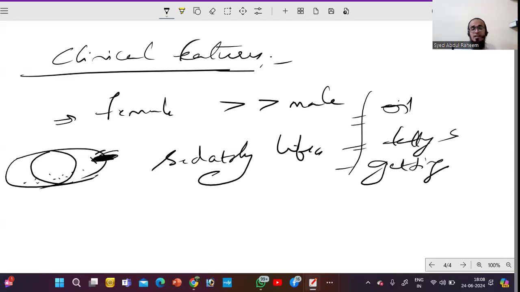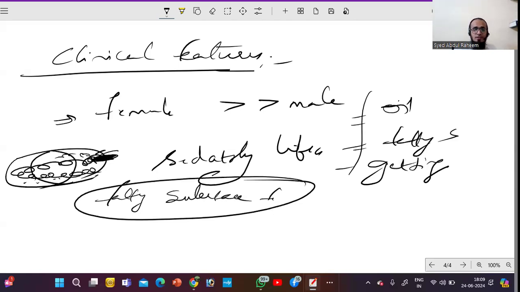Okay, and secondarily, if the bile juice is not secreted properly, what will happen? Your fat substances will not digest properly. To digest fat substance, we need bile juice compulsorily.